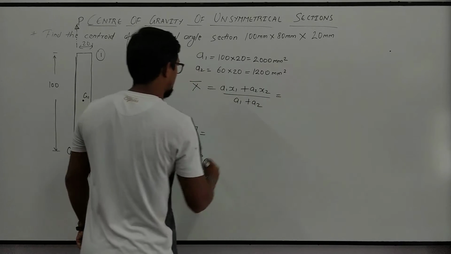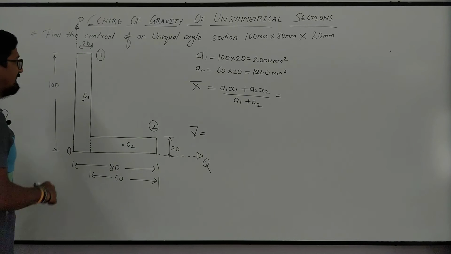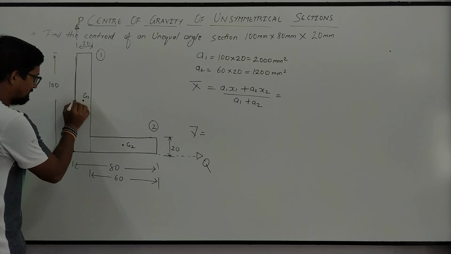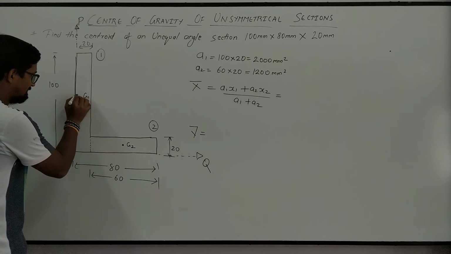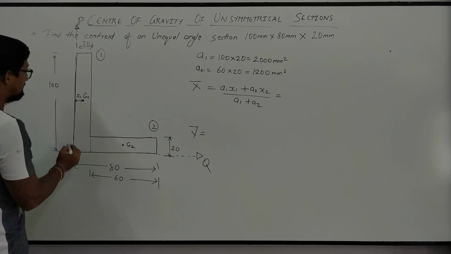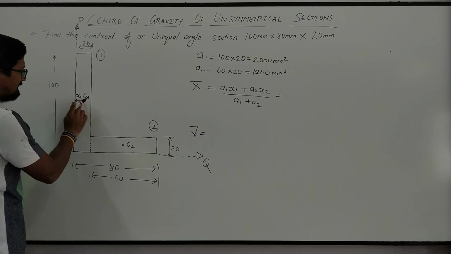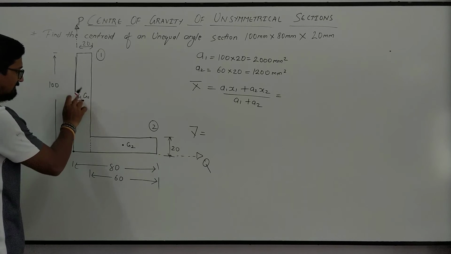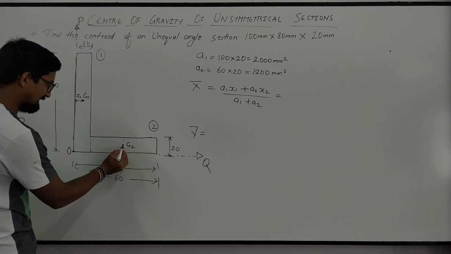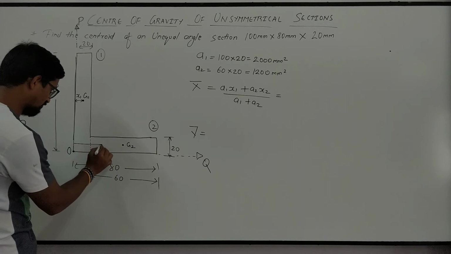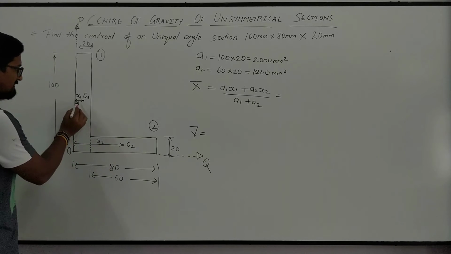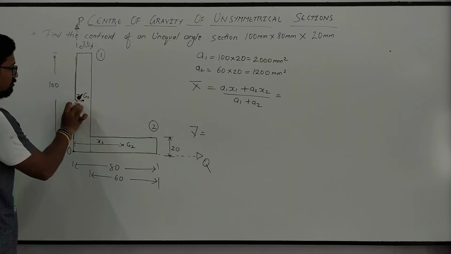So here we can see what the values of x1 and x2 are. x1 is the horizontal distance from the reference axis OP to the first section's CG, and x2 is the distance from OP to the second section's CG. So the x1 value will be 20 divided by 2, which is 10.